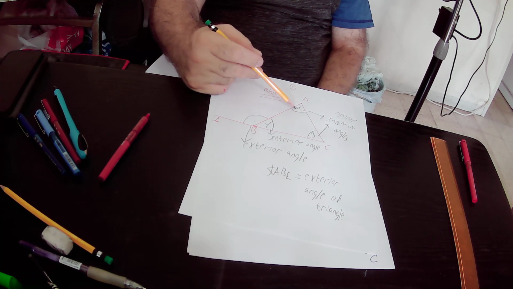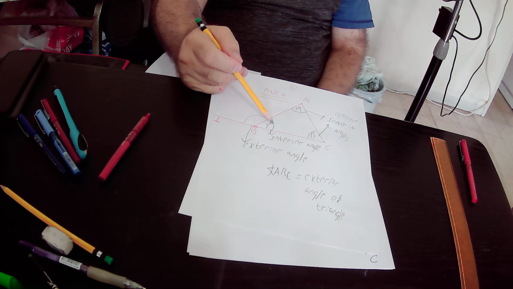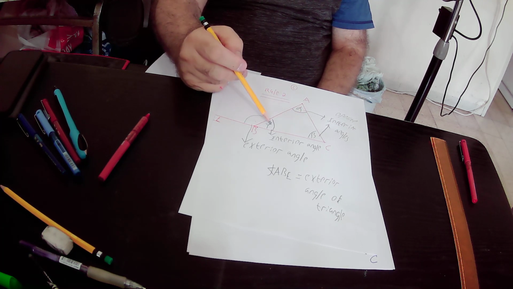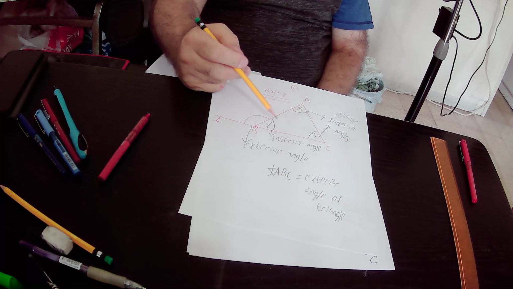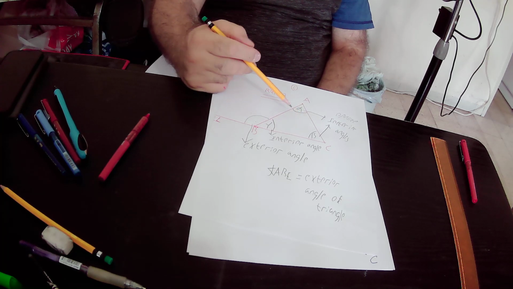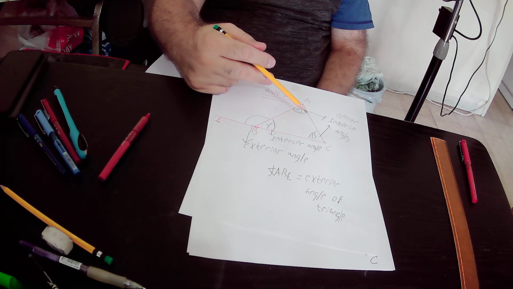This angle alpha is on one side of angle gamma, and this angle beta is on the opposite side.